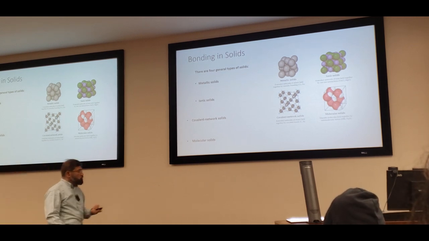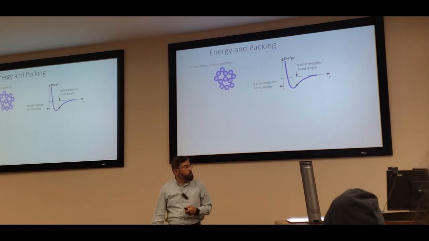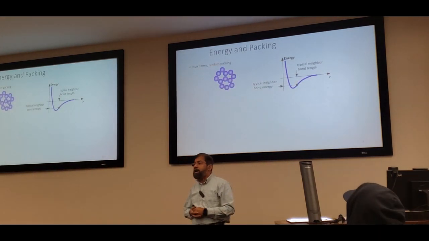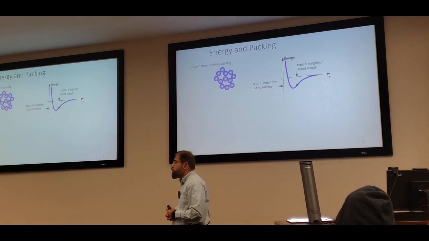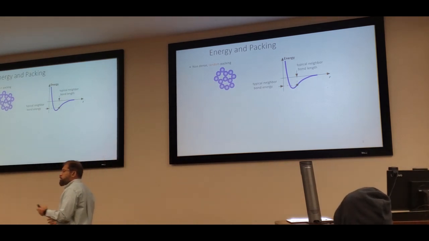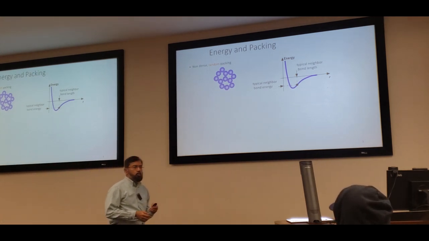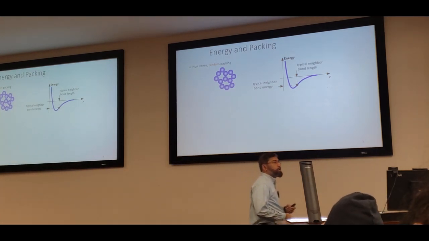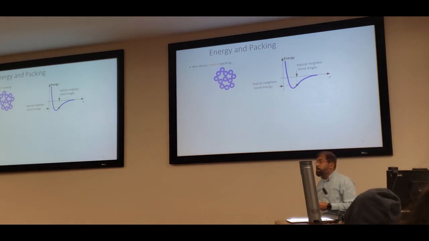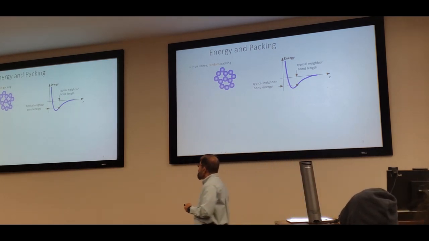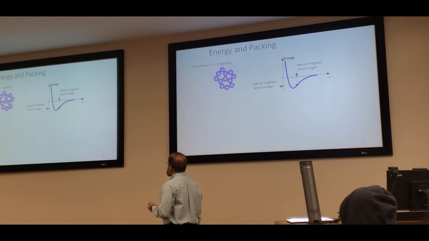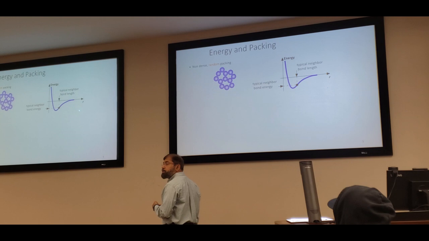Very good. Now we talked about close packing with respect to energy, and I said that it is important. Why? Look at the interatomic distance versus potential energy for the randomly packed material. This is where the energy is.